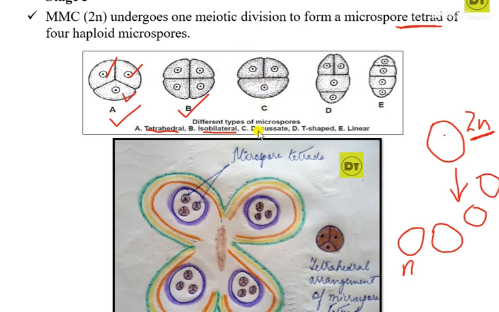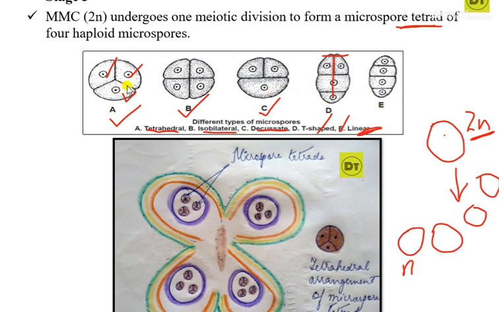This is known as decussate type. Then the 4th one, you see, forms a T-shaped pattern, right? 2 will be up and 2 will be linearly arranged downwards, so it will form a T-shaped structure. What happens in the 5th type? All the 4 microspores will be arranged in a linear pattern, therefore it is known as linear type.